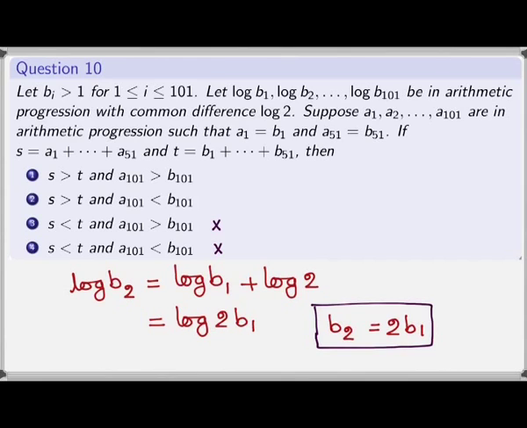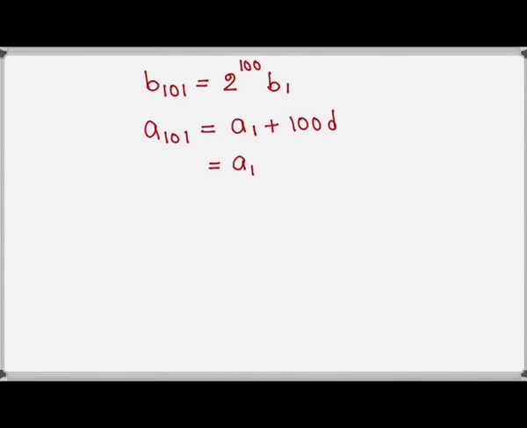Now we are going to see among A101 and B101 which one is bigger. We know that B101 is equal to 2 to the power 100 into B1 and A101 is equal to A1 plus 100D, and we have already got the value of D, which is (2 to the power 50 minus 1) divided by 50 into B1.